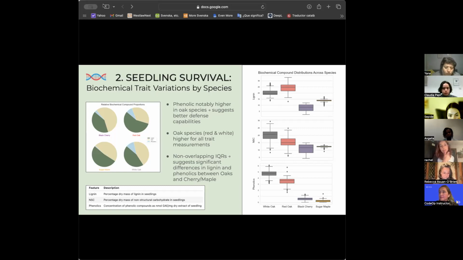Looking at the box plots with the oak trees, we found that there was much more variation or spread in levels around the mean compared to the cherry and the sugar maple. However, if we look at the interquartile ranges, it suggests that the phenolics and the lignin levels might be significantly different compared to the cherry and the maple.